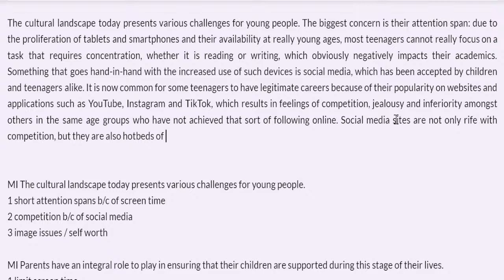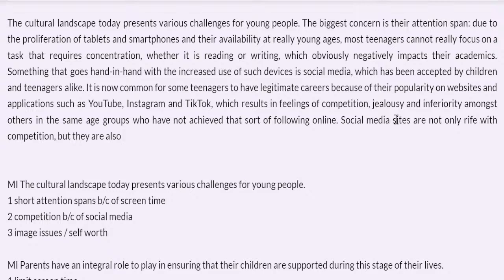Hotbeds of, I would say, or they're also, I don't want to use responsible, but you have to be very careful with your word choice if you're aiming for a very high score, like 8.5, 9, etc. Because you can, of course, just throw around responsible. That's fine, not bad. But if I want to write something a little bit better, then I'm going to choose my words carefully.